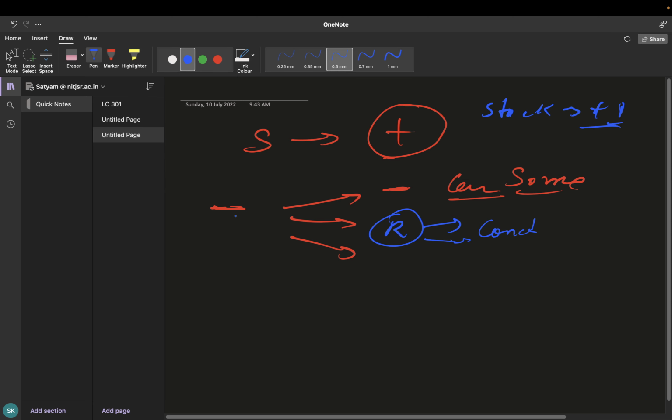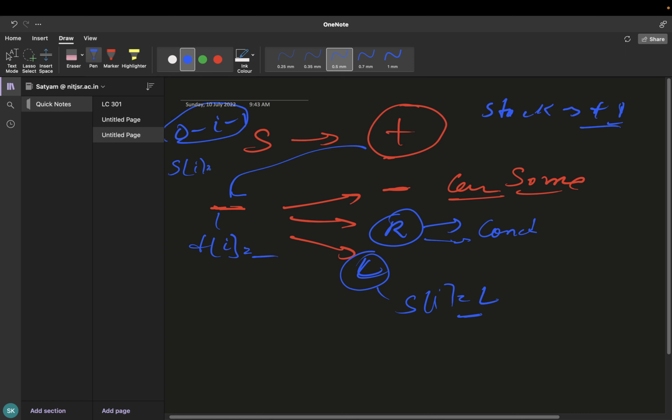But if here we have L present, meaning S of I is L and T of I is dash, and suppose that for all 0 to I minus 1 we have matched our string, meaning S of I equals T of I, they all are the same from 0 to I minus 1.